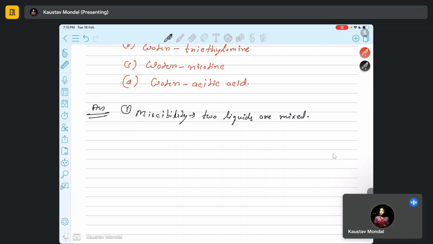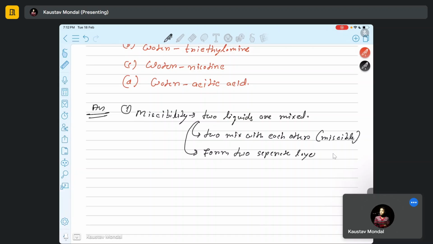When two liquids mix with each other completely, it is called miscible, and if they form two separate layers, it is simply called immiscible.